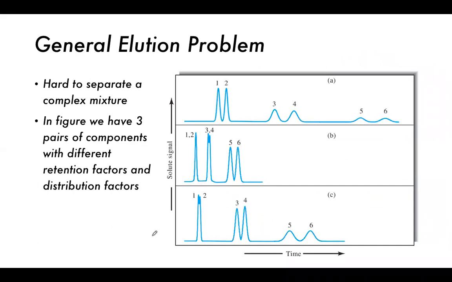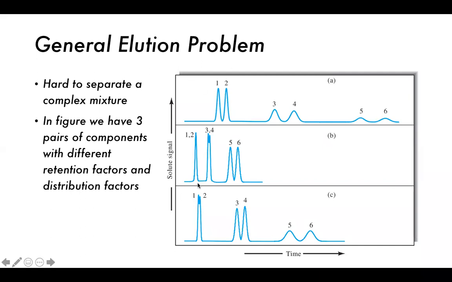So here we have a general elution problem. We have a mixture of these three different pairs of components, and we need to try and separate them in some manner. We have a couple of different options. In A, we see that there is pretty good separation between each of the peaks, but it takes a long time to elute them, so it would require quite a lot of solvent.